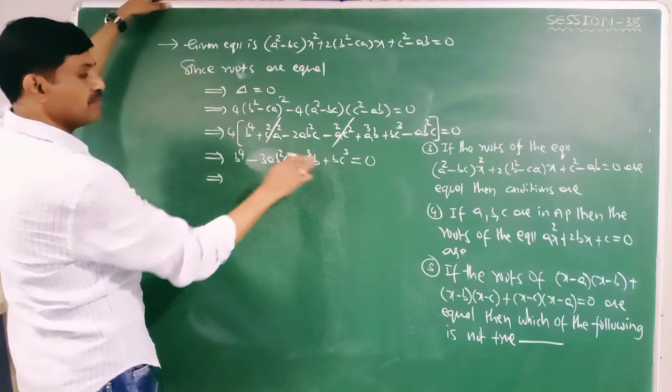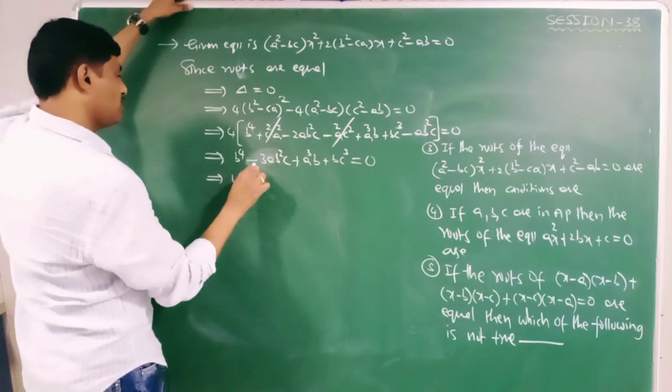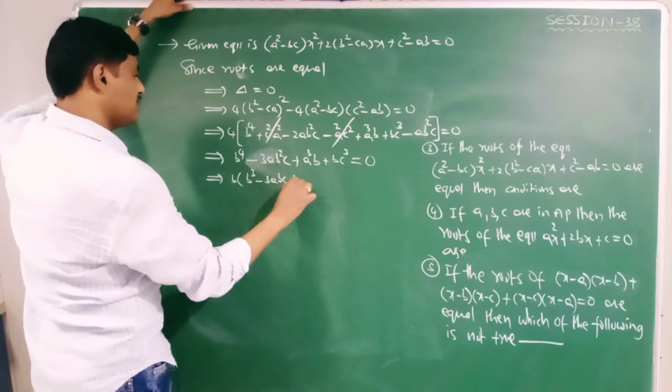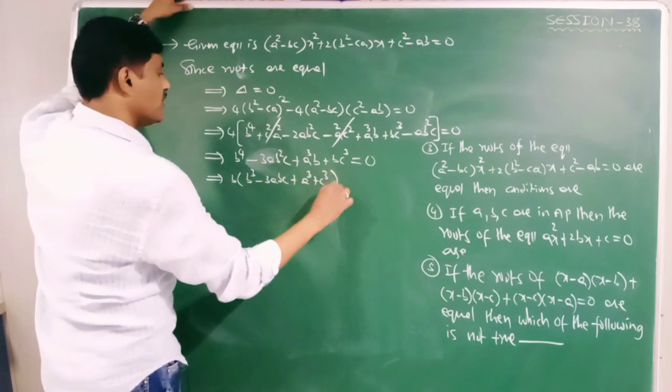In every term b is common, so take b out: b(b³ − 3abc + a³ + c³) = 0.